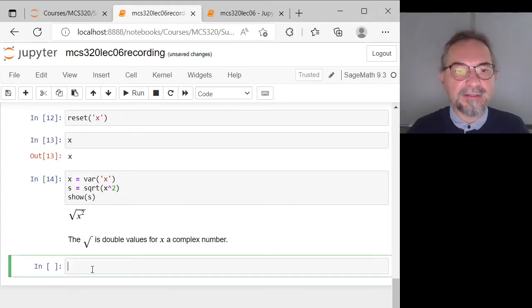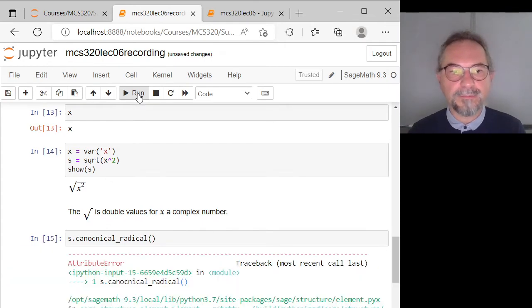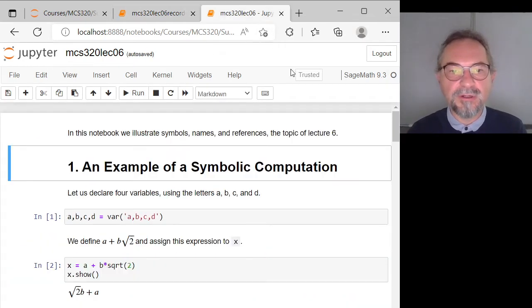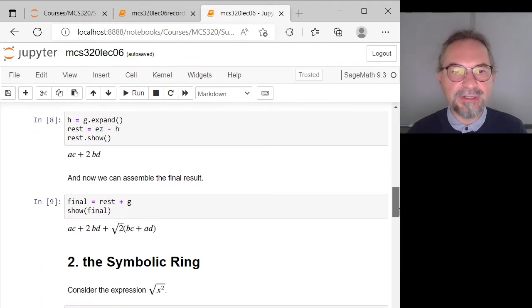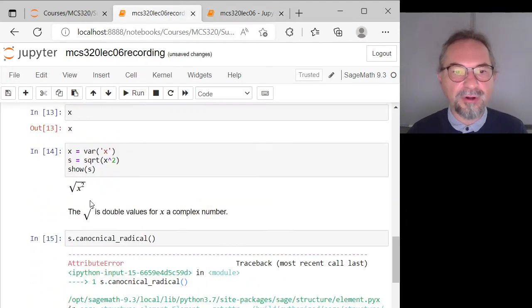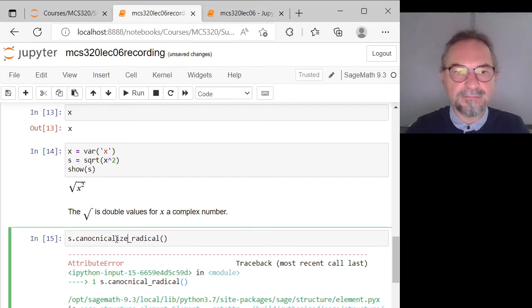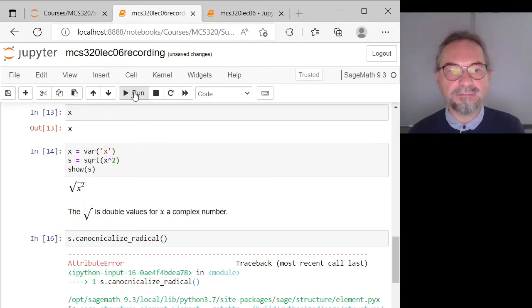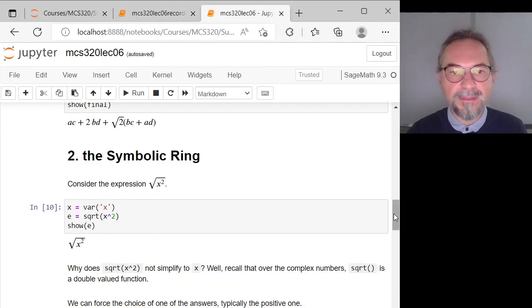I can say, do the canonical radicalization. Perhaps I will have this wrong. The canonical radical. Yes, I have to cheat here. It is canonicalize radical. And there I still have this wrong.